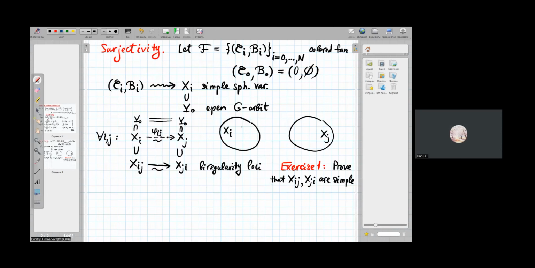Let me describe the picture. So we have Xi and Xj. We have two different simple spherical varieties containing the open orbit Y0, but some pieces of these varieties are isomorphic. So we have Xij here.